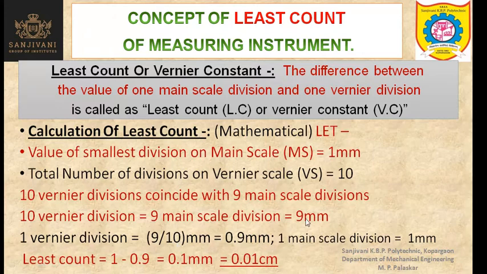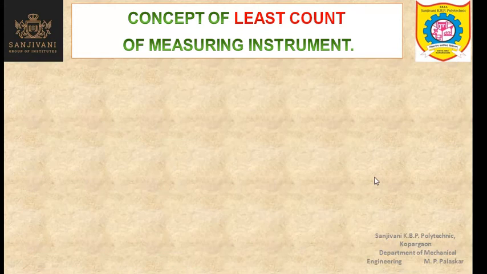So 10 vernier scale divisions occupy a distance of 9 millimeters, which is equal to the 9 main scale divisions, and therefore with all these calculations, we find the least count of the vernier caliper as 0.1 millimeter or 0.01 centimeter.